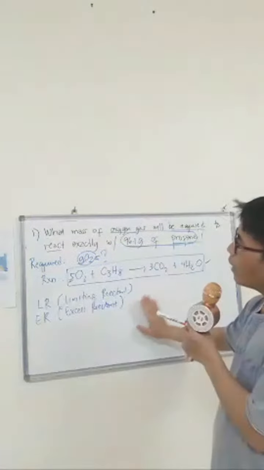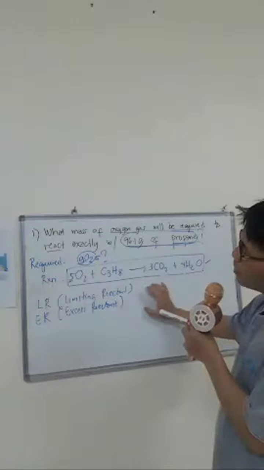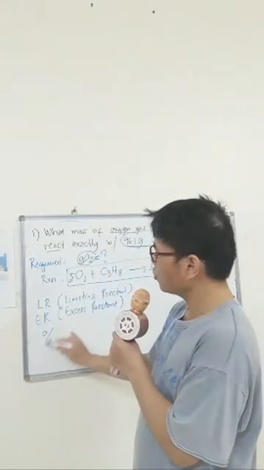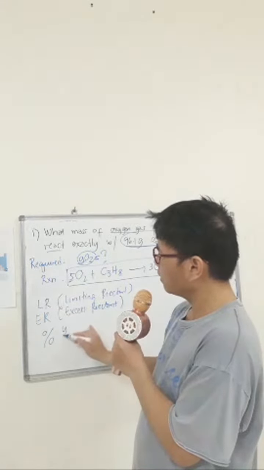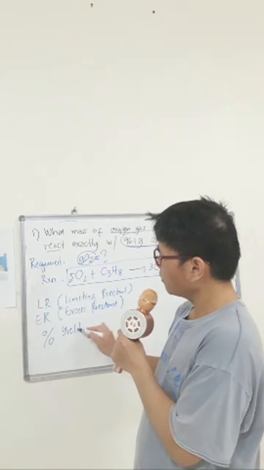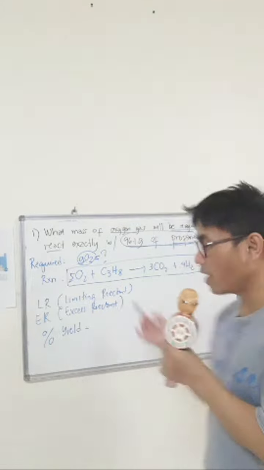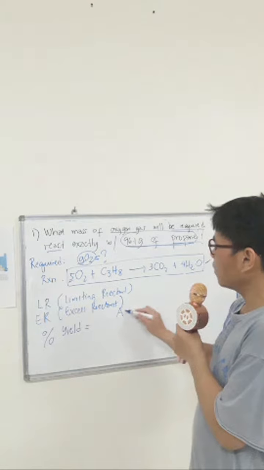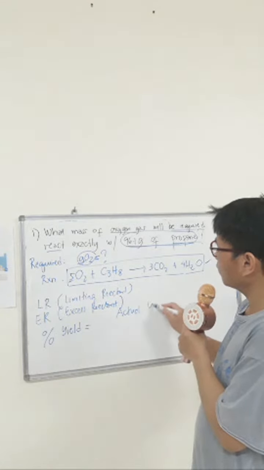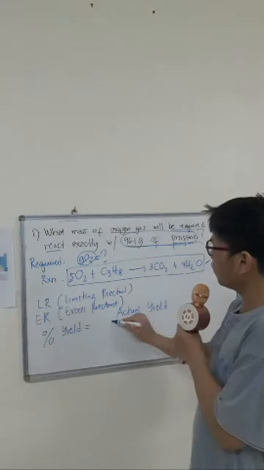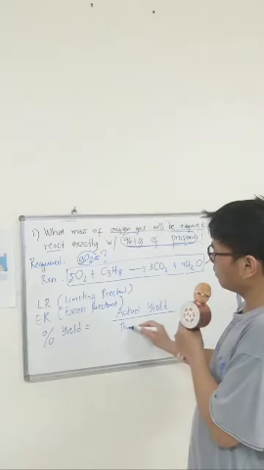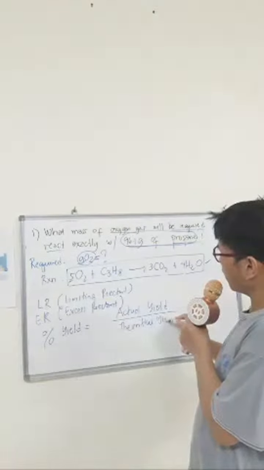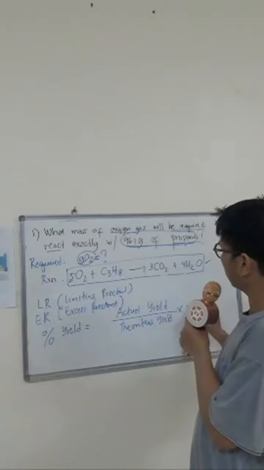Now, this kind of terminology will be applicable to our percentage yield, or percentage output, in this kind of chemical reaction. It is the actual yield over theoretical yield, times 100.